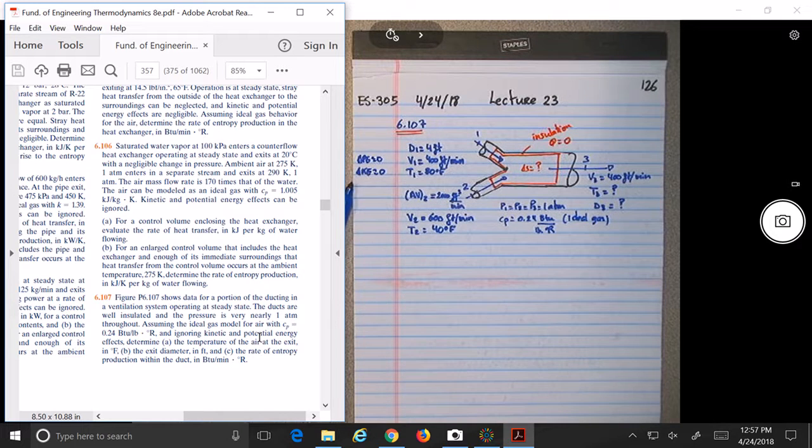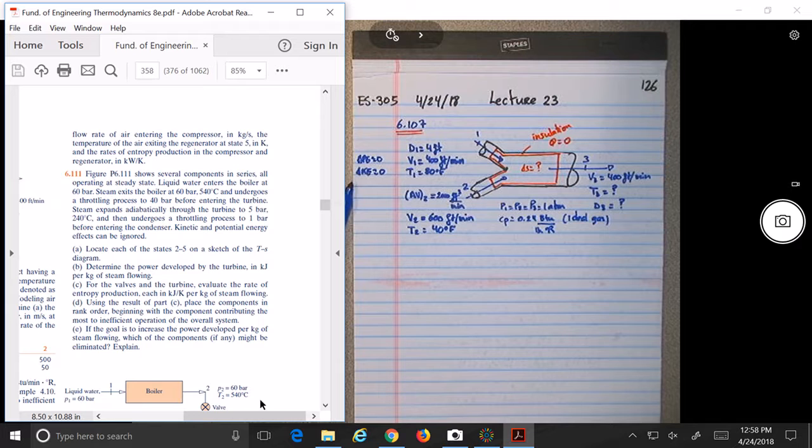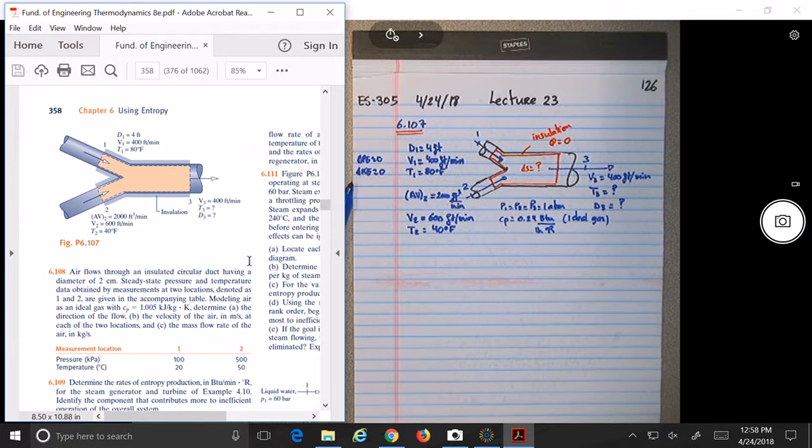All right, so let's do this. Keep this for that figure because that figure is gonna have it all the time. So let's see.